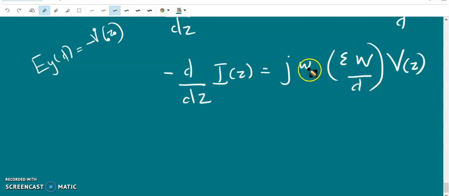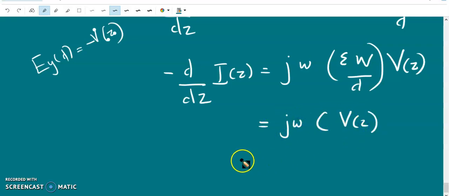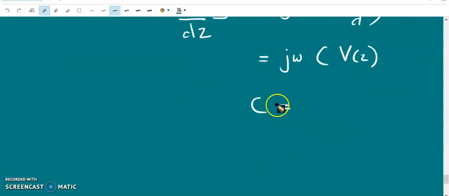So it is equal to j omega epsilon w by d into V of z. So here this is nothing but the capacitance per unit length, j omega C V of z, where C is equal to epsilon w by d. Then only it is dimensionally correct.